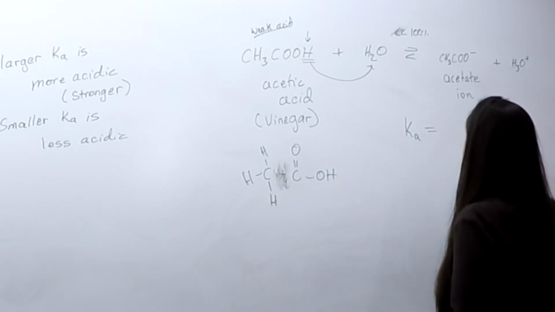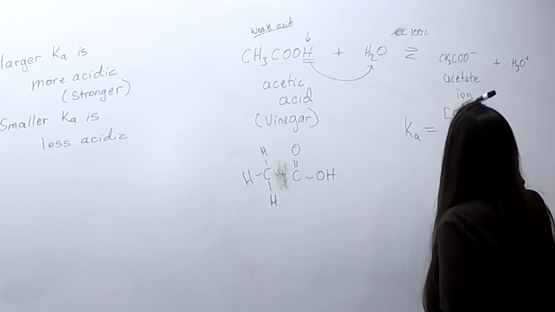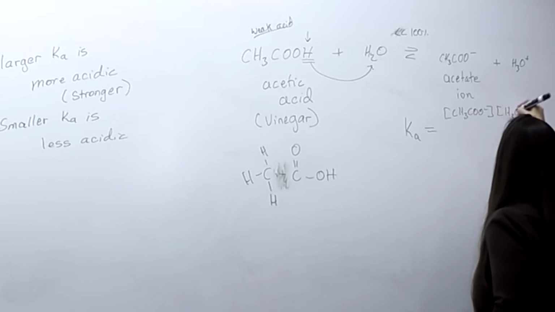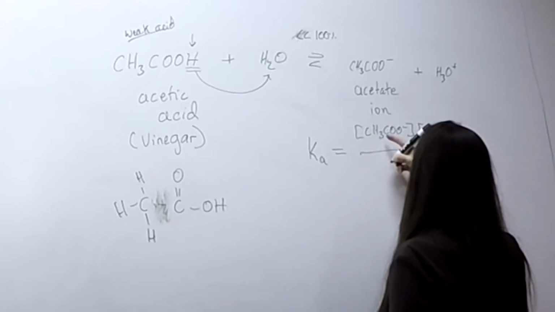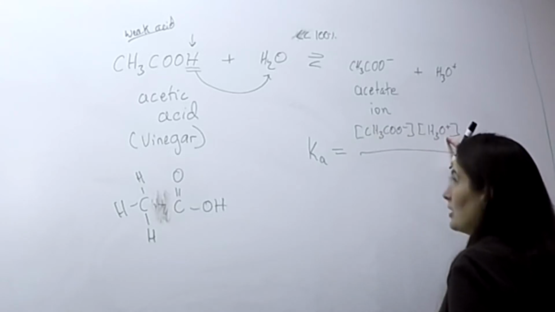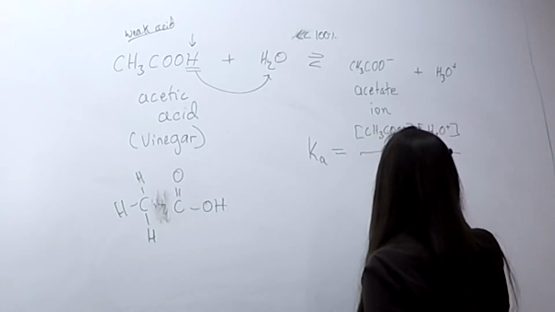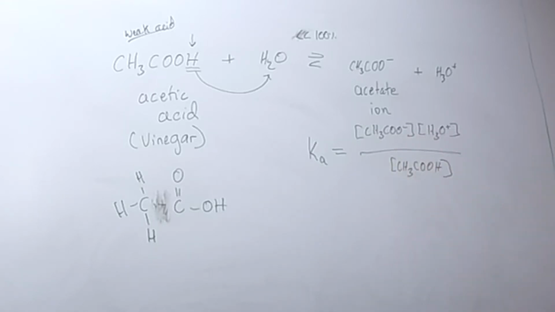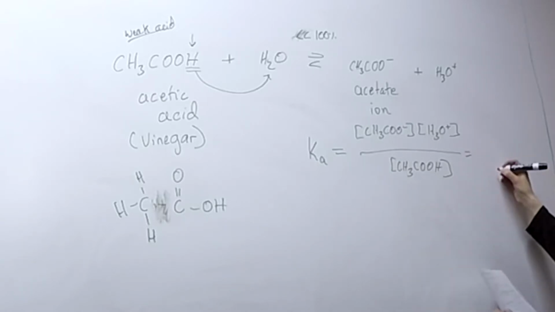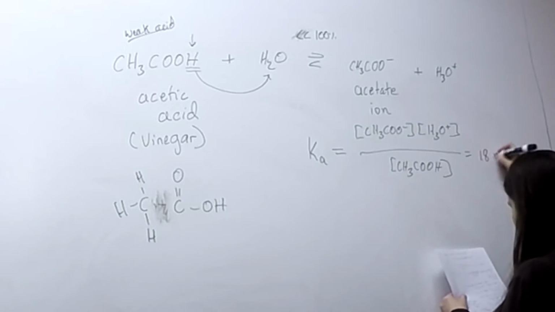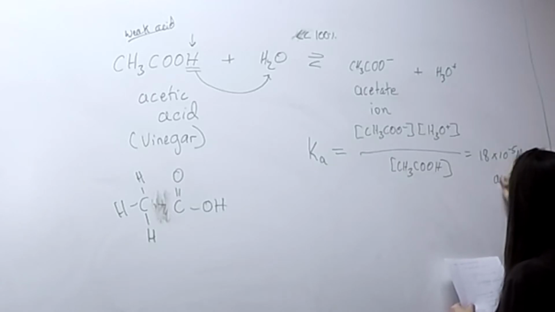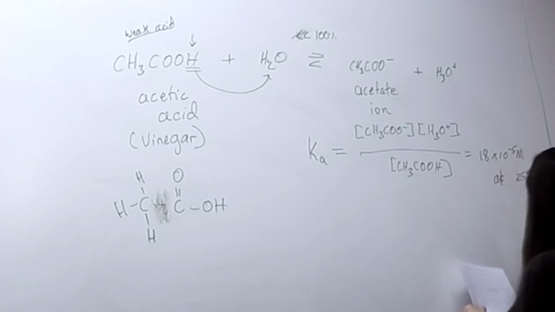We can write out the equilibrium equation for this, comparing the concentration of the ion to the concentration of the acid, the carboxylic acid, the vinegar. All right, this Ka is experimentally determined to be 1.8 times 10 to the minus 5 at room temperature.